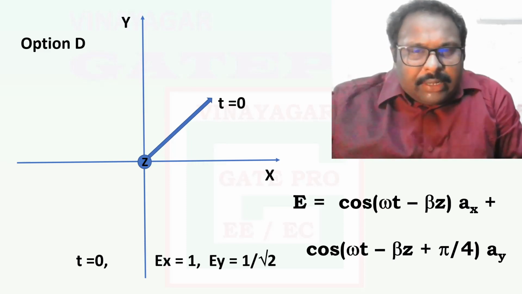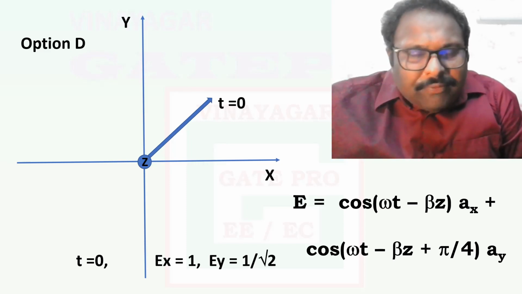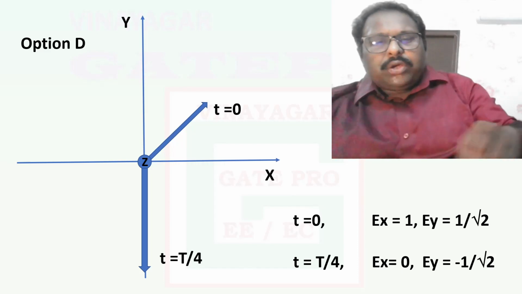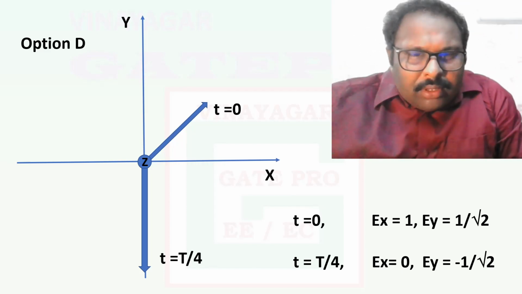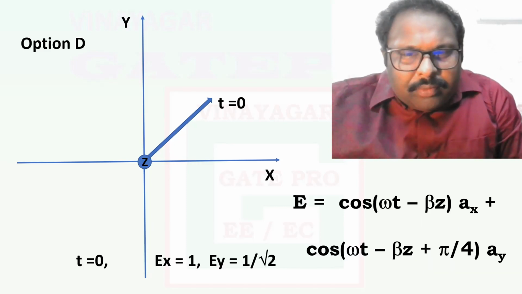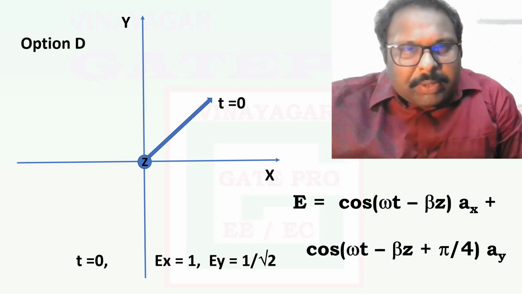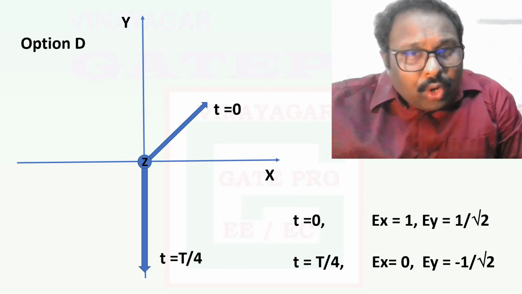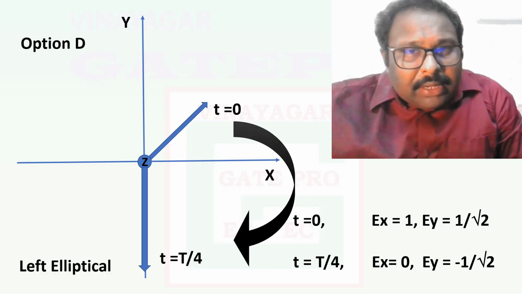Very clearly at t equal to 0, that's what you see in the first quadrant. Going for the next one, t equal to t by 4, Ex term comes to be 0 and Ey comes to be minus 1 by root 2, because cos of pi by 2 plus pi by 4. That's clearly coming to be clockwise and left elliptical.